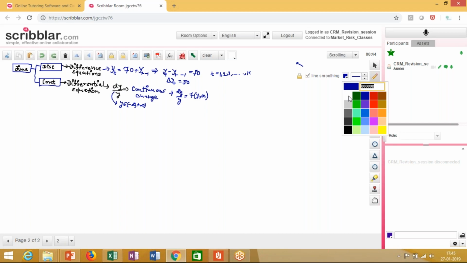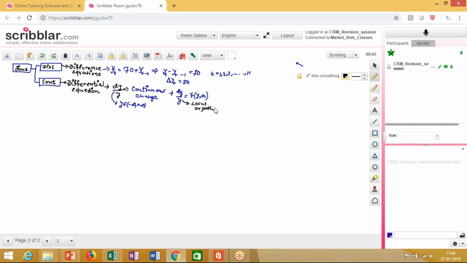Rather, I will get a locus, or a function which gives me a path that the value y would actually tread. So if I solve this, it will give me the locus, or a path, of the variable y. And hence this is called a dynamic differential equation, right?